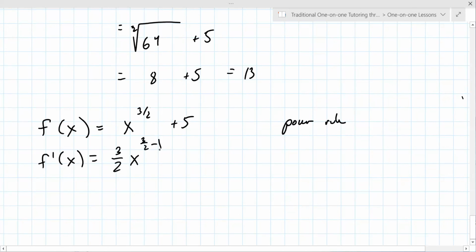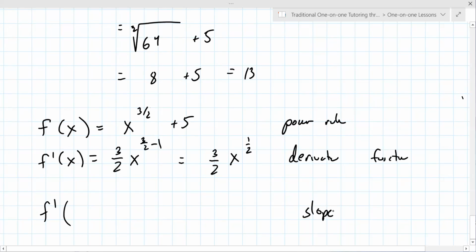The derivative of a constant is 0, so you're done there. This simplifies to 3/2 x to the 1/2 power. Then you have to evaluate it at the point. So this is your derivative function, and the next line gives you the slope because you evaluate it at a point. You find f prime of 4, which is 3/2 of 4 to the 1/2 power.